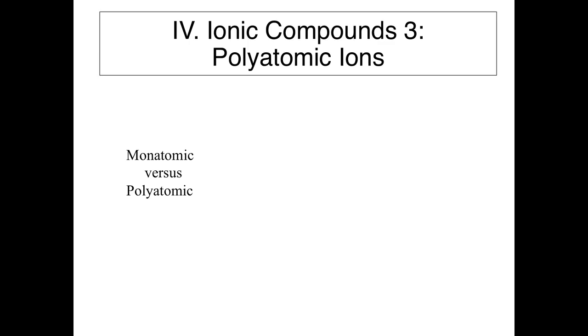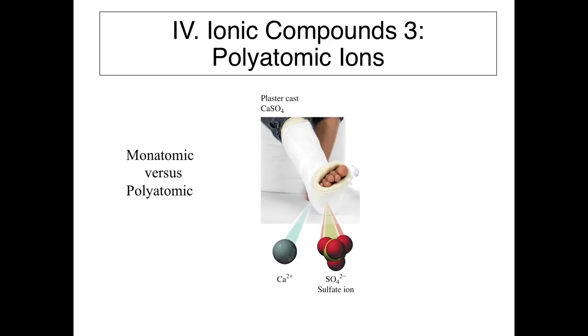Moving on to our last category of ionic compounds, which involves something called polyatomic ions. Everything that we talked about before this point, the ions in those examples are called monoatomic. Mono meaning one. Now in this section we will talk about polyatomic, poly meaning many. For example, your cast is made up of a substance that is CaSO4.